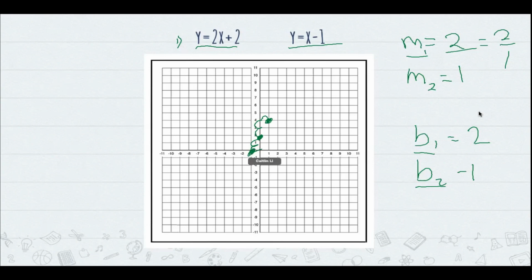And then you just keep doing that until we get a straight line. We go up by 2 and over by 1, up by 2, over by 1, up by 2, over by 1.